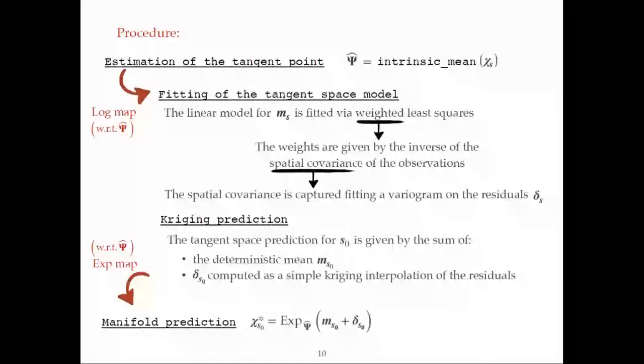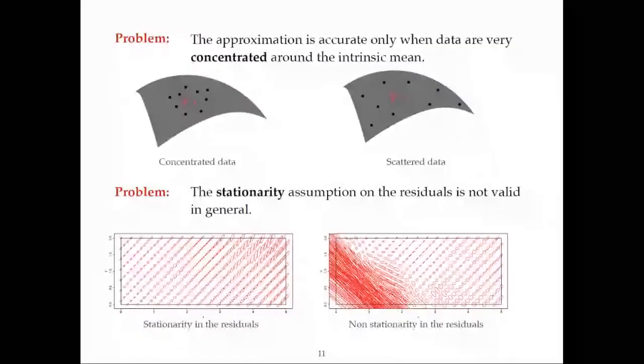The prediction is eventually given by projecting on the manifold the sum of the deterministic term and the simple Kriging interpolation of the residuals. The assumption of stationarity across the whole domain is the main limit for this approach, since it is usually not satisfied, like for the field in the bottom right picture.